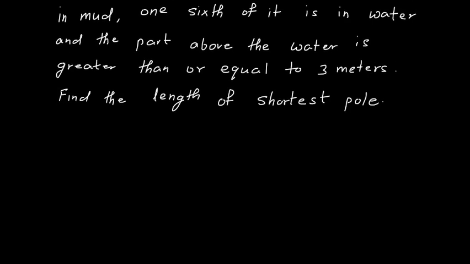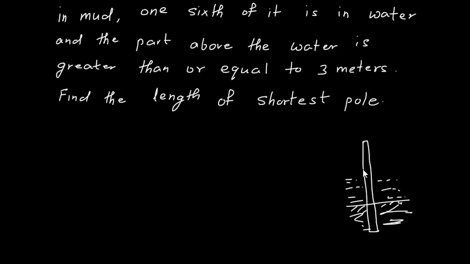So you can see that, let us consider this as a bamboo pole. Okay, it is buried in, this is say mud level, and then say this is water level, and this much portion is above the water, right?